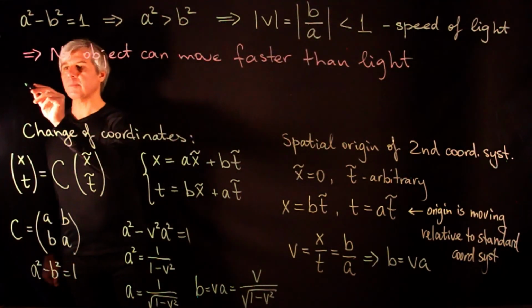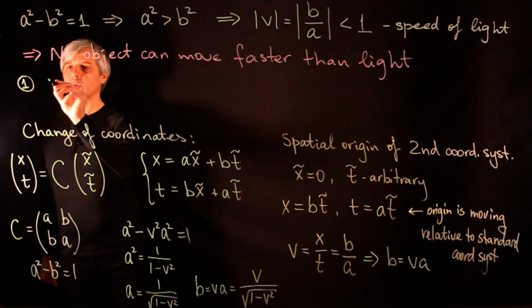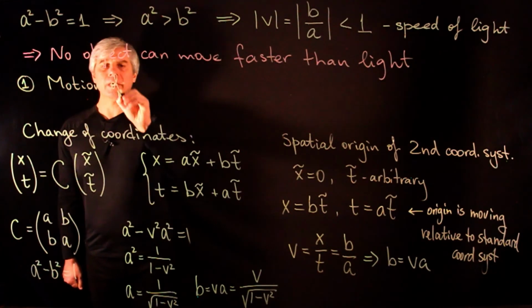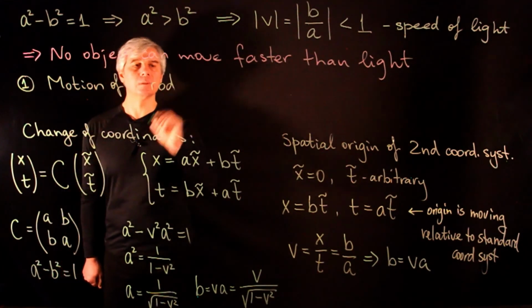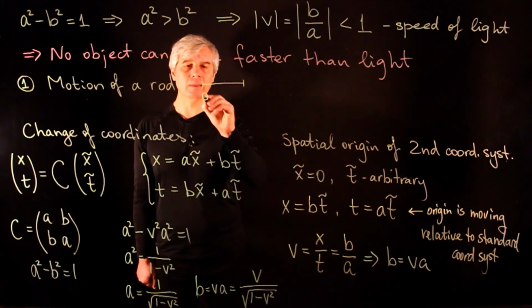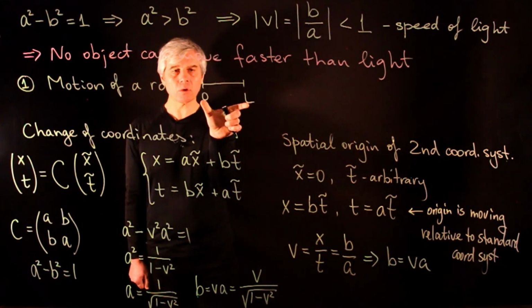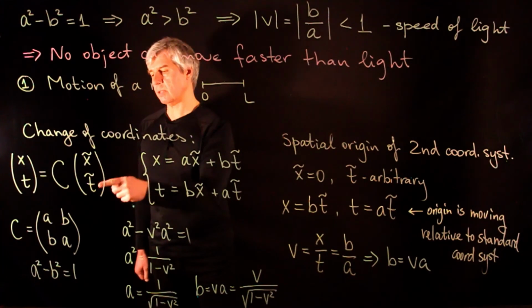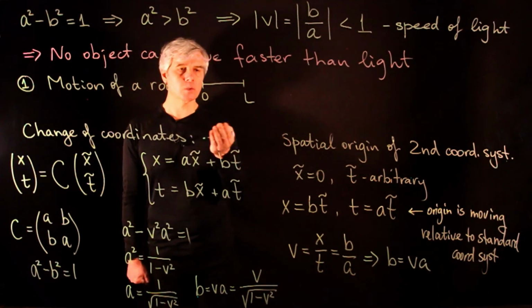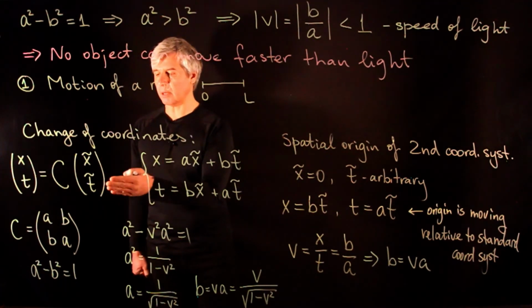Now let us look at some examples. So let us look at the motion of a rod. Suppose we have a rod of length L. And this rod is moving, so this means that we consider it in the tilde coordinate system. So what will be the trajectory of this rod?